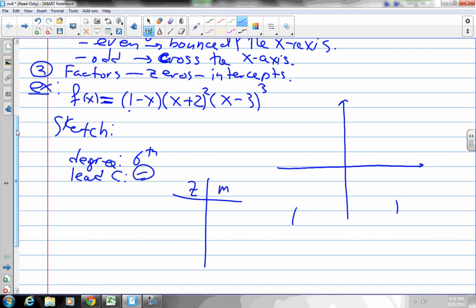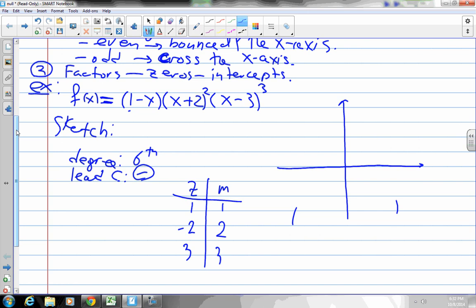What are the zeros of this function? 1, negative 2, and 3. And what is the multiplicity of 1? 1, and negative 2 is 2, and 3 is 3. We know that just by looking at the exponents.